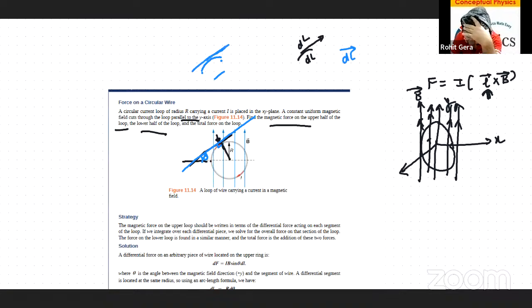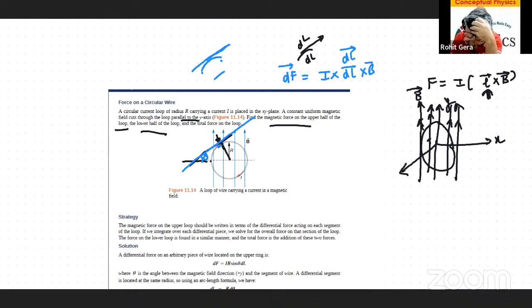Okay. So since this is a case of small section, the small force on the small section is written as I, the current, the length is dl, and B, and the angle between B and dl.